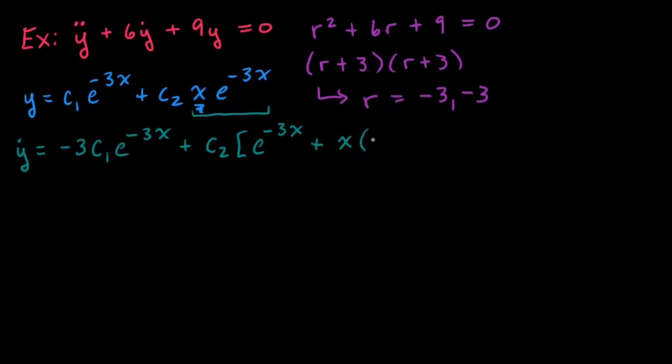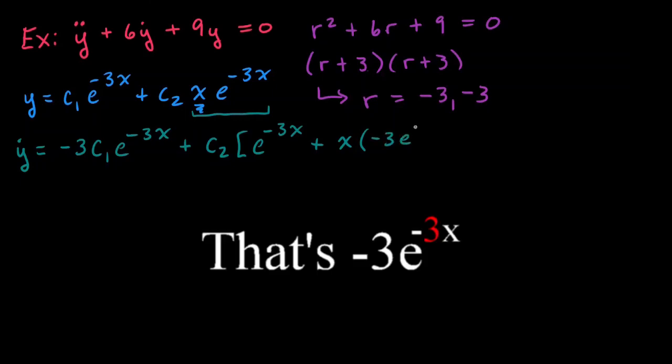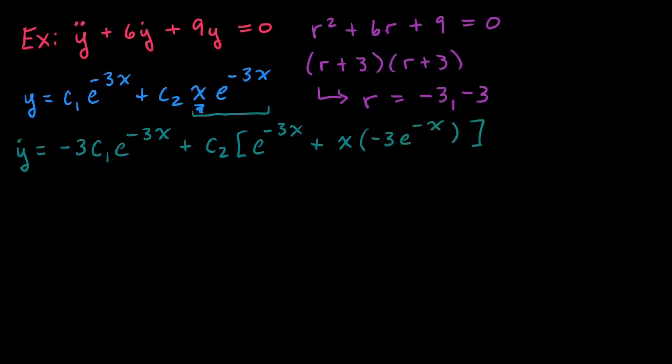So that's x times -3 e to the minus 3x. Okay, so I can go ahead and rewrite that, just clean it up a little bit. That's going to be -3 C1 e to the -3x plus C2 e to the -3x, and then inside here I'm just going to write 1 minus 3x. If I collect things together, I should get something that looks like that. So that's the first derivative of our general solution.